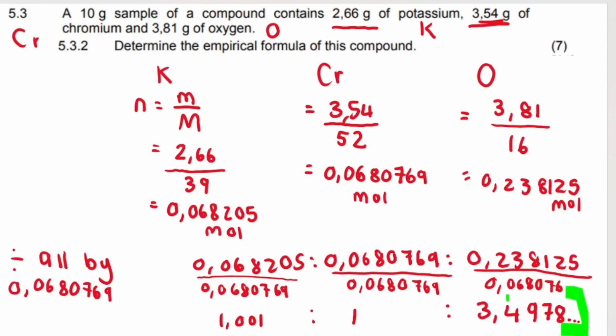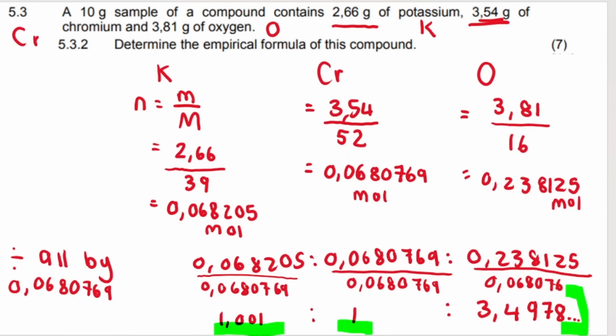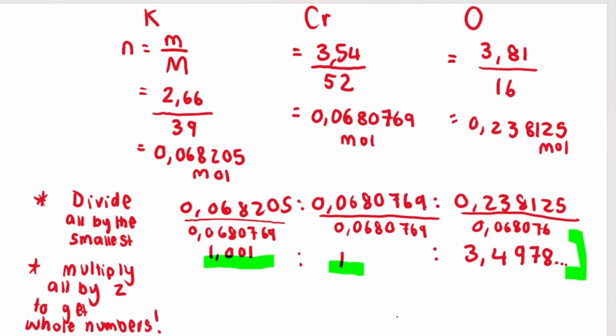But because I'm multiplying this third fraction, this 3,4978, by 2, I have to multiply all of these numbers here by 2. Let's do it. I kept that long number on my calculator, I'm pressing times 2, and I'm getting 6,995.